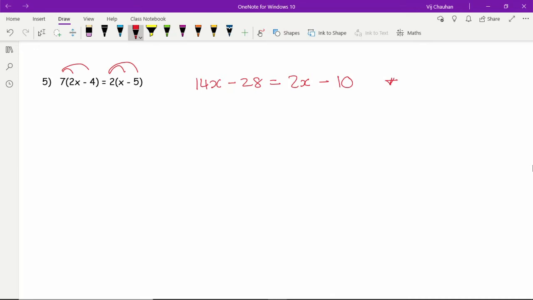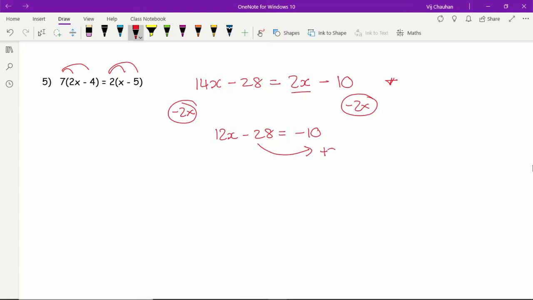mark in this question. So the next thing we want to do is subtract the smallest amount of x. So we're going to take away 2x from both sides. So I'm left with 12x minus 28 equals minus 10. And then going to try and get x on the one side, so by eliminating the numbers.